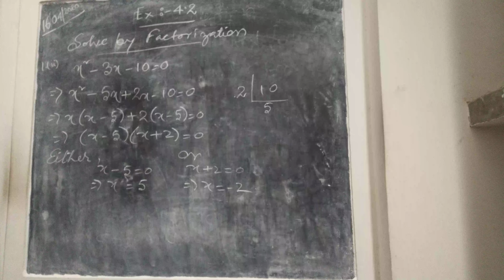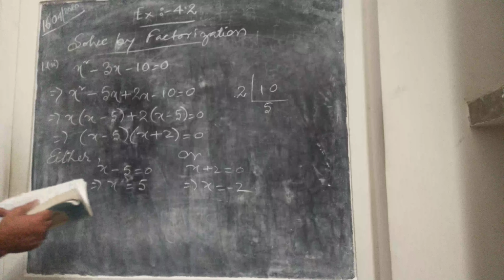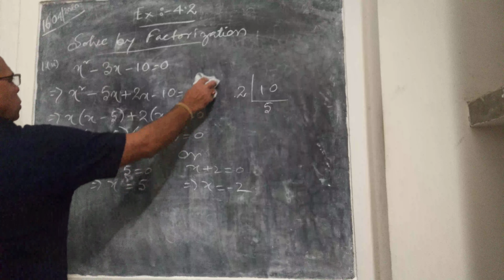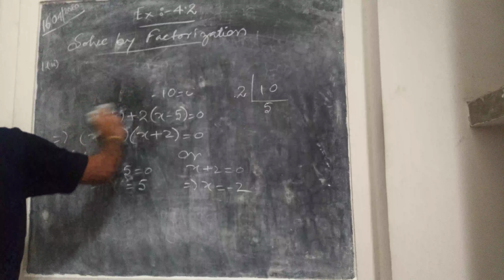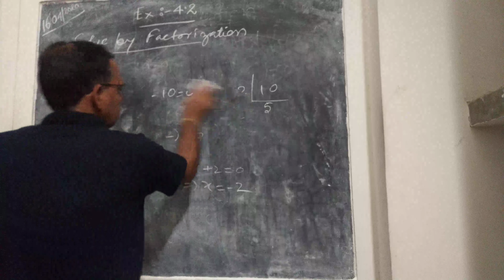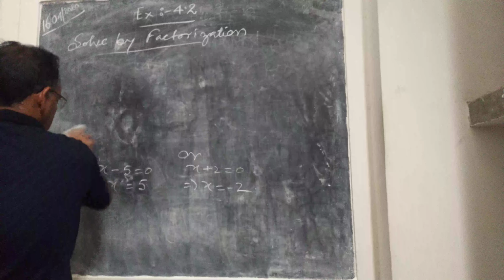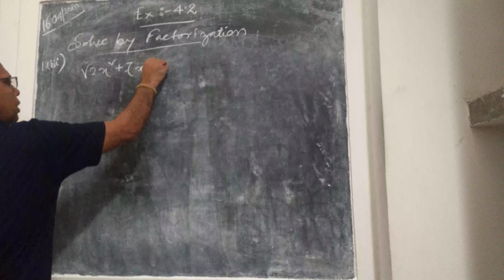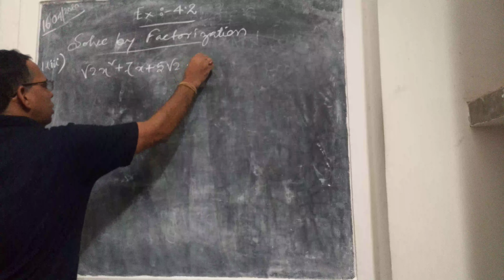Now let's see Roman 3, that is root 2 x squared plus 7x plus 5 root 2 equal to 0.